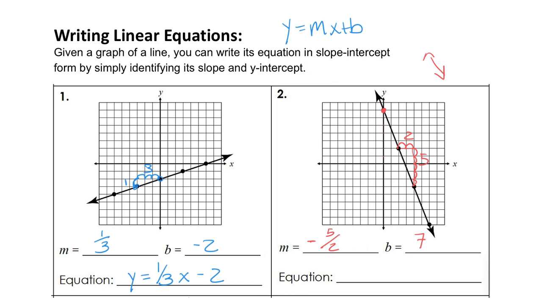I can leave that in fraction form, or I could turn that into a decimal and understand that the slope is going to be -2.5. We're going to leave it in fraction form just to write the equation, for simplicity's purposes. So y equals negative 5 over 2x plus 7. And that is the equation for the line on number 2.